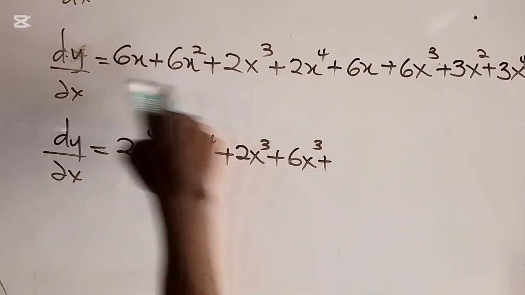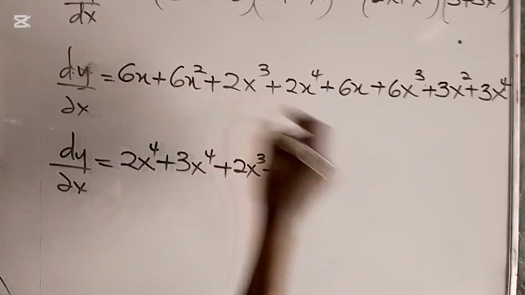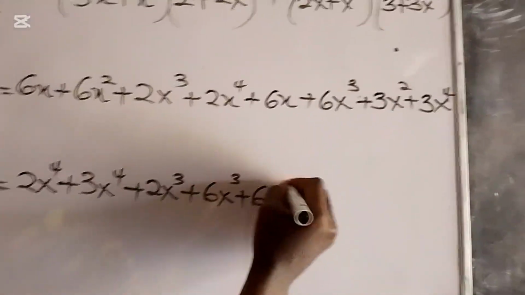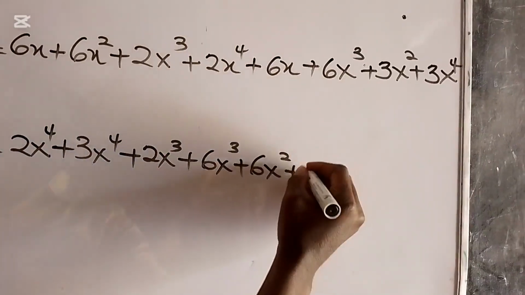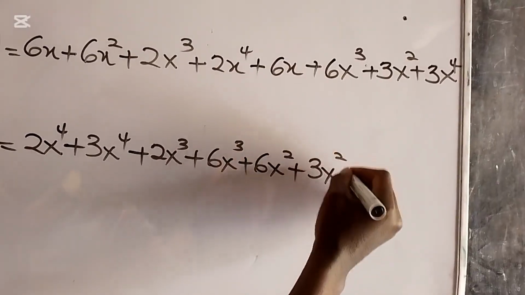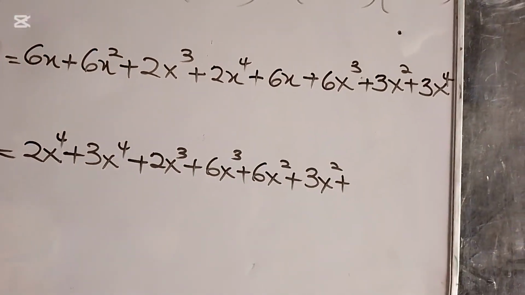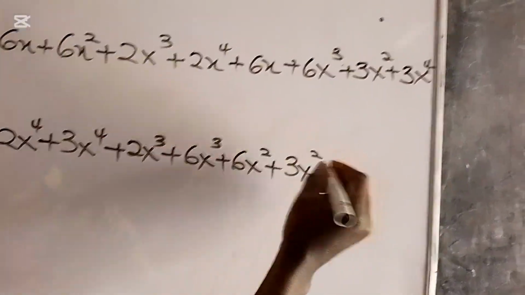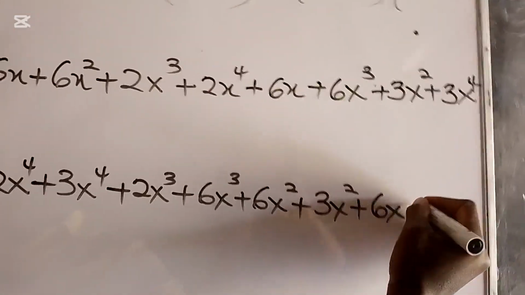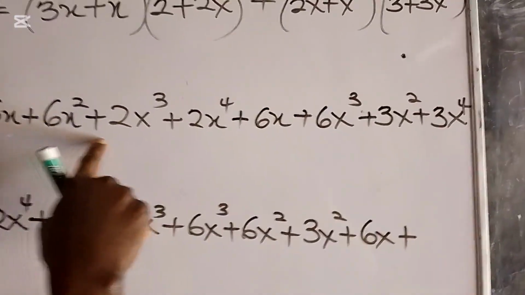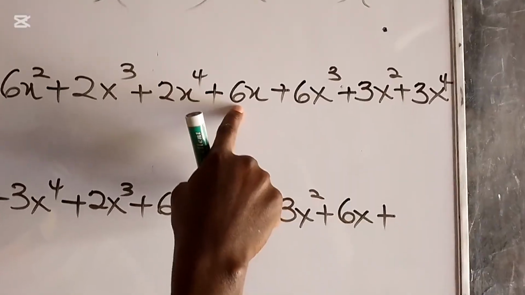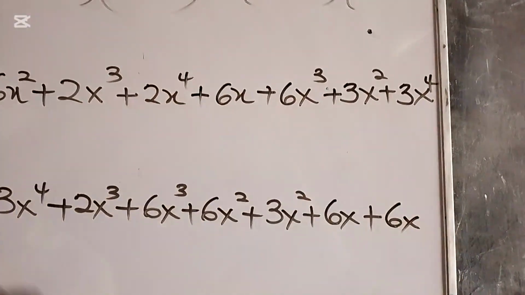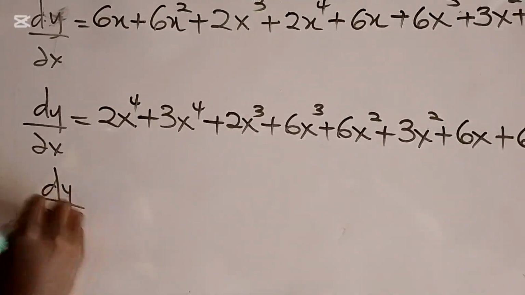Then we move to the 2nd power: 6x to the 2nd power plus 3x to the 2nd power. Then plus 6x. Then we also have 6x here. Good. I hope you are following.